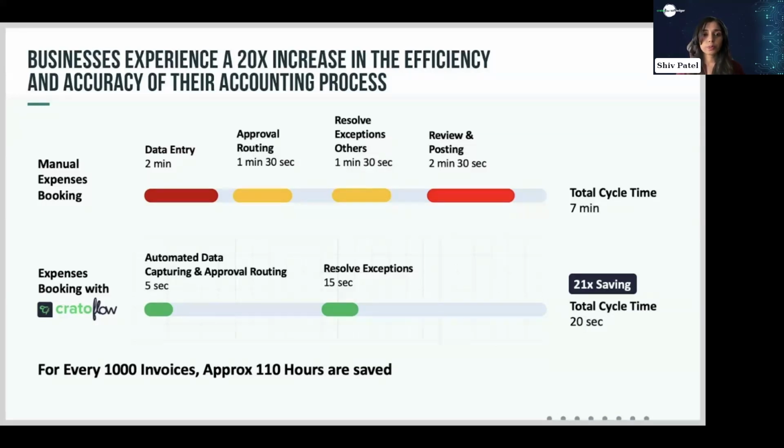And so when you're thinking about pure automation and automating the entire process for your day-to-day accounting, you think about things like AP automation, because it's reducing the manual effort on your end, right?